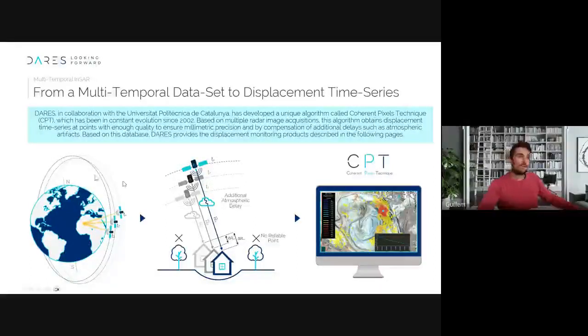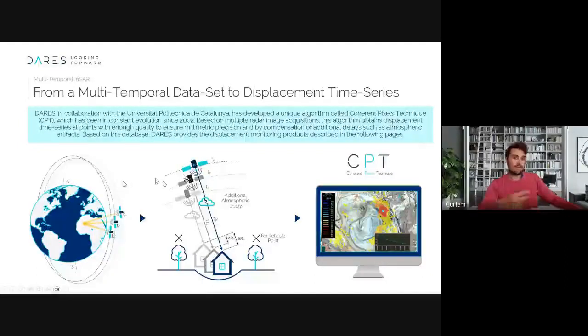In this way, we can create a model of displacement over time, and we can remove these topographic artifacts that we still had, and also this atmospheric noise that we had there.